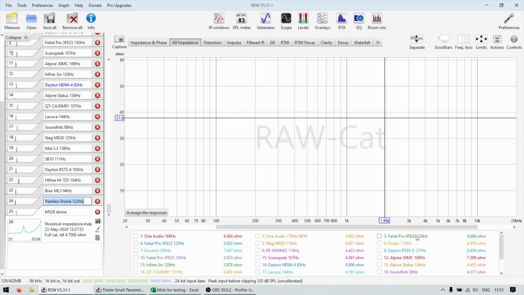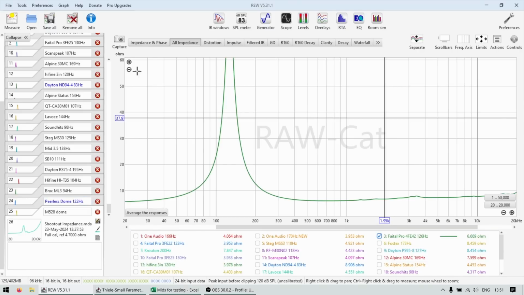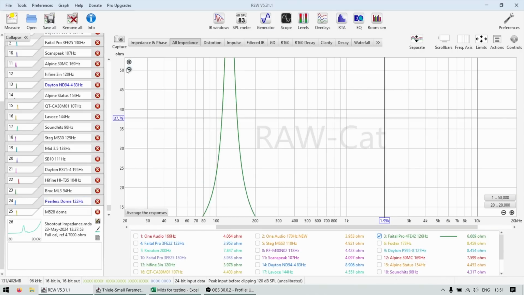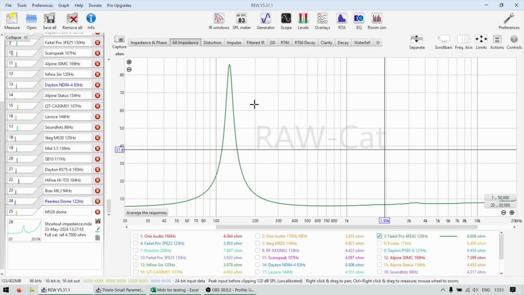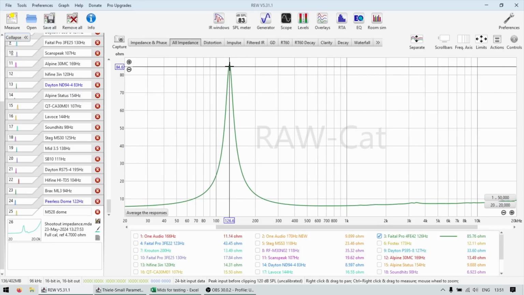Let me show you an example of one measurement. Let's take the Fatal Pro, for example, this one. From this measurement, we can see a few things. We see the Fs, which is here. From only this measurement, we can see the Q of the driver, the Qts, which depends on how high this peak is and how wide it is.